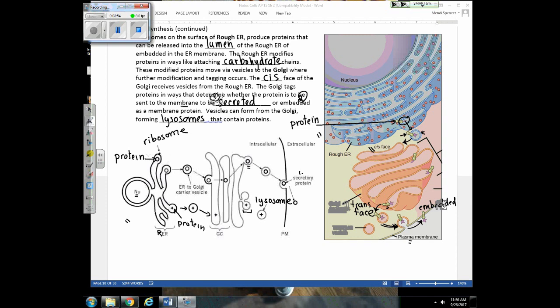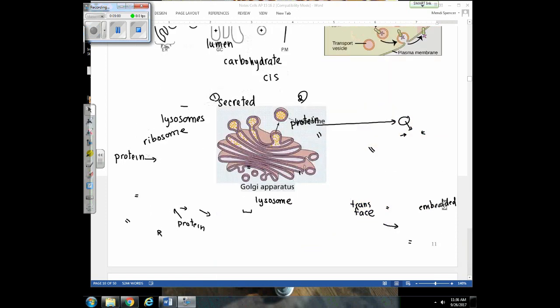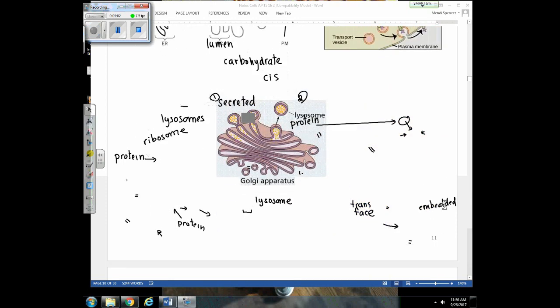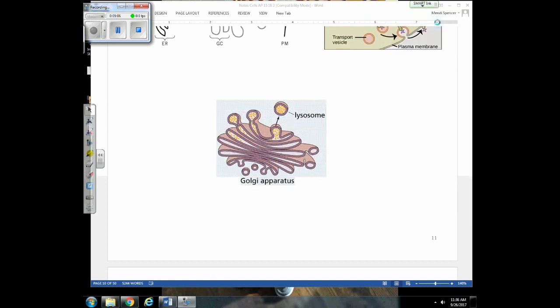And inside those lysosomes are those proteins that were made ultimately by that attached ribosome. Now, this diagram down here is just attempting to show you that the Golgi is responsible for the production of lysosomes. And also, just to give you another term, we usually show that inside the lysosomes there's these little molecules, and those would be the hydrolytic enzymes.